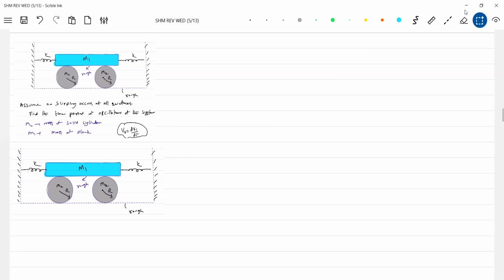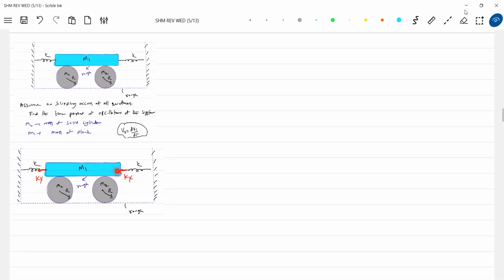Now let it be displaced by distance x towards the right. So this spring will be compressed, this will be elongated, so kx will act. The plank is slightly displaced. Let's assume that I only displace this plank by distance x. Then this will be compressed, this will be elongated, so spring forces are acting.